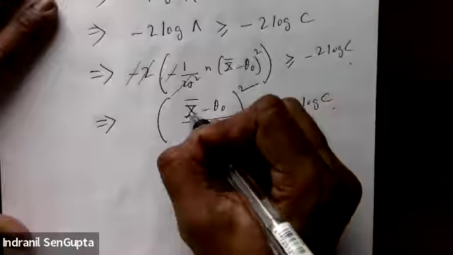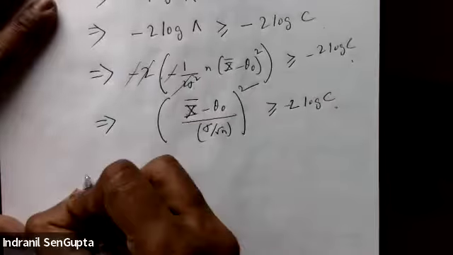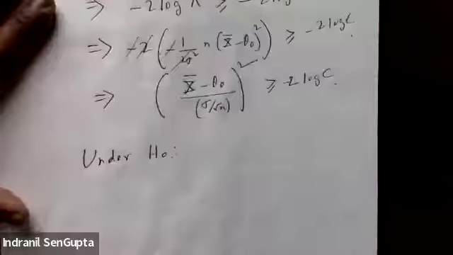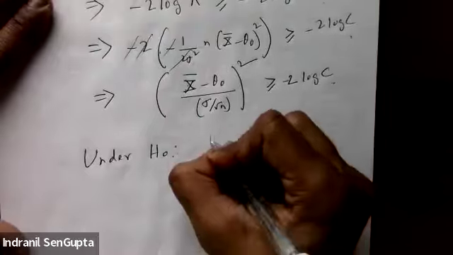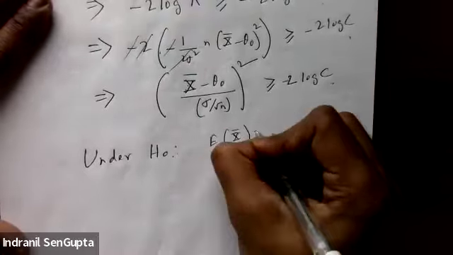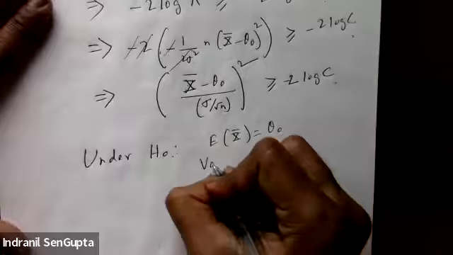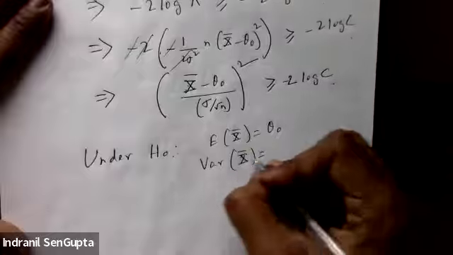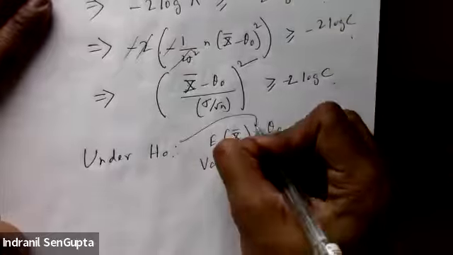that x bar is the sample mean under H0. E of x bar is theta 0, and the variance of x bar is always sigma squared over n, but under H0 it is this one.